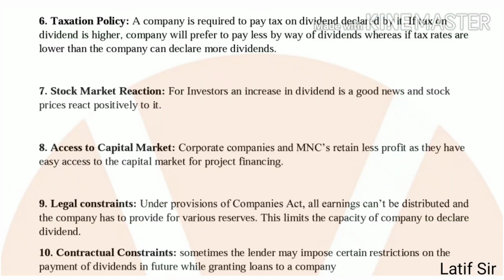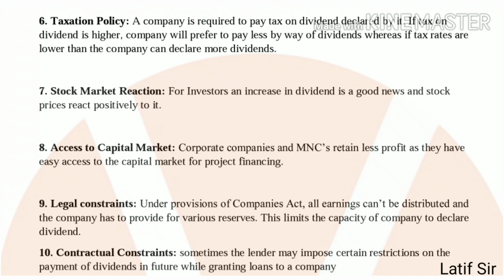Other things are taxation policy. The taxation policy of the government is also a factor in deciding whether to give higher dividend or not. If the tax rates on dividend are lower, then the company can declare low dividends. So it will depend upon the taxation policy of the government.